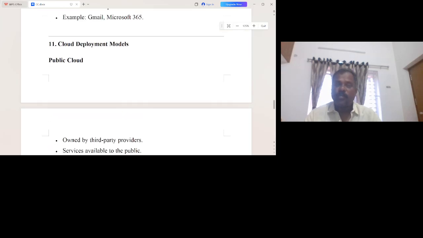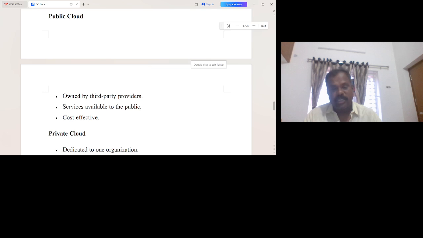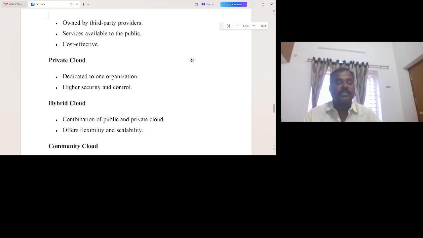Public cloud is owned by third-party providers, with self-service to the public. The main application is that it is cost effective. Private cloud is dedicated to one organization, that is, an individual organization accessing it. The main application of private cloud is high security and control.